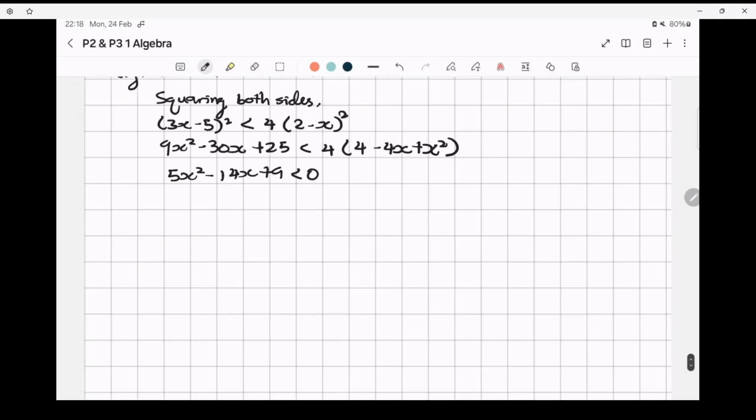So same thing, draw the number line. Sorry, the factors will be 5x minus 9, x minus 1 smaller than 0.